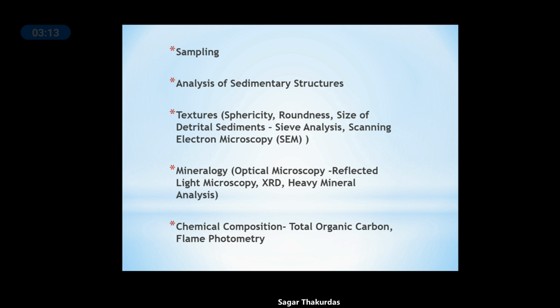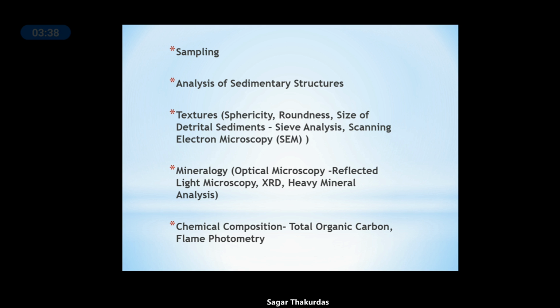And based on that, different curves are plotted, and these curves give you information about the presence of different minerals. So we are not going to go into the details of that. You just have to remember that for finding out the mineralogy, we can go for optical studies or XRD study or heavy mineral analysis.